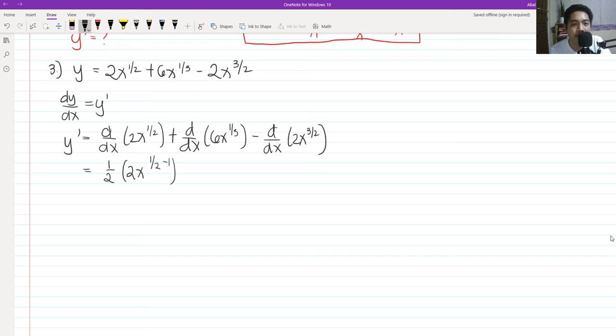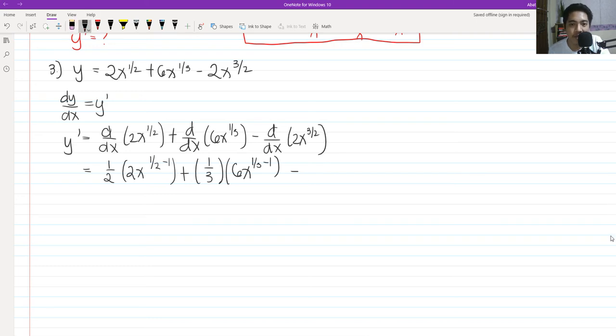Then plus, we have 1 third multiplied by 6x raised to 1 third minus 1. And then lastly, we have negative 2.